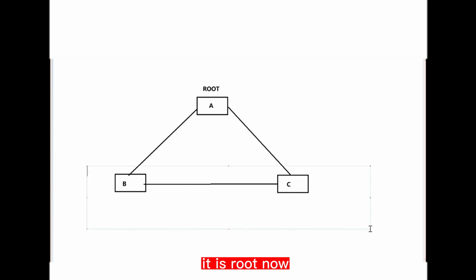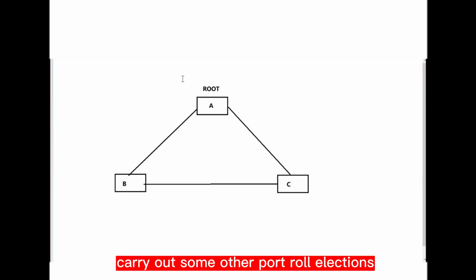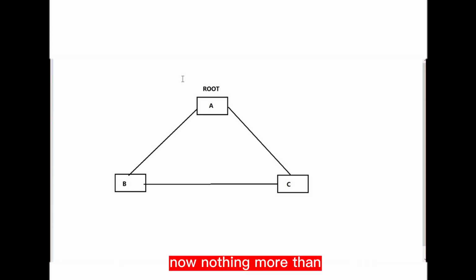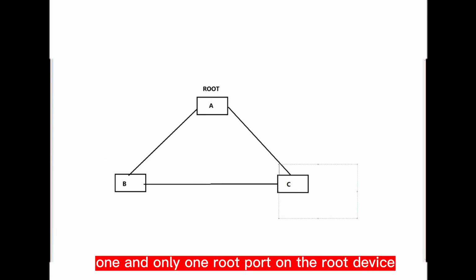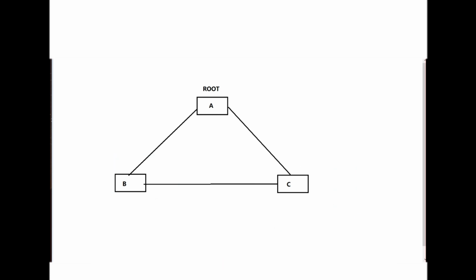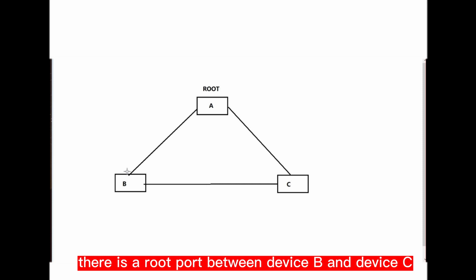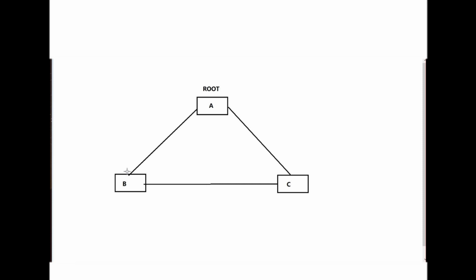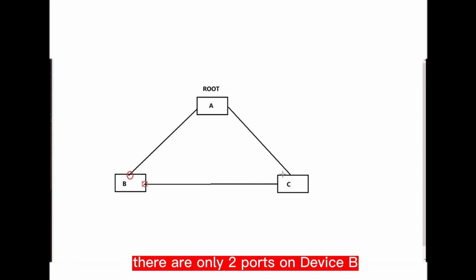It is the root now, no doubt. Between the 2 other devices, we carry out the other port role elections. Now, there is no root port on device A; there is one and only one root port on each non-root device. That is, there is a root port between device B and device C. There are only 2 ports on device B.